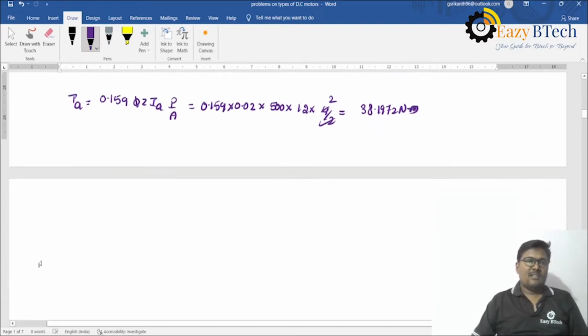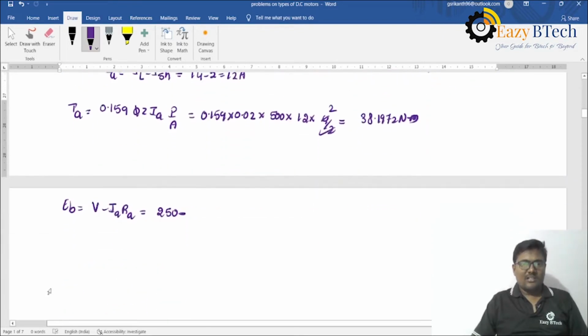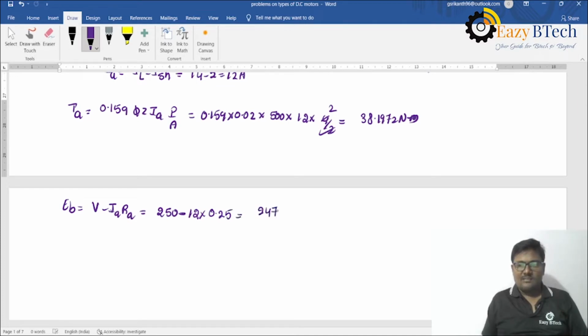What is EB? EB is equal to V minus IARA. Supply voltage is 250, but IA I got as 12, and the armature resistance is 0.25. So then I got EB is equal to 247 volts.